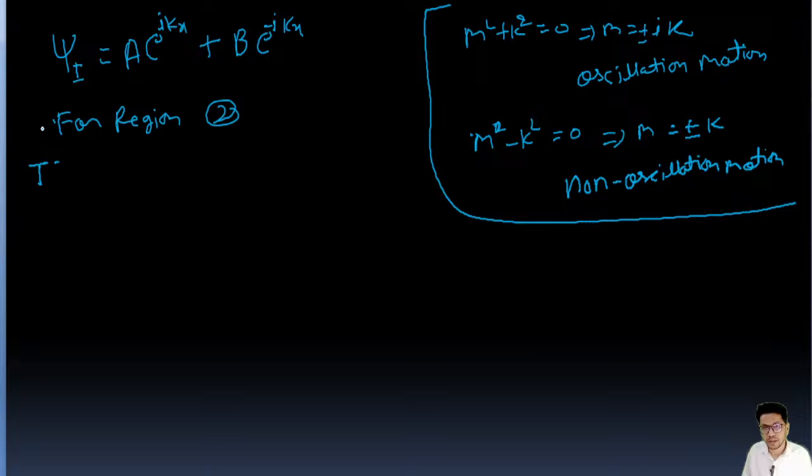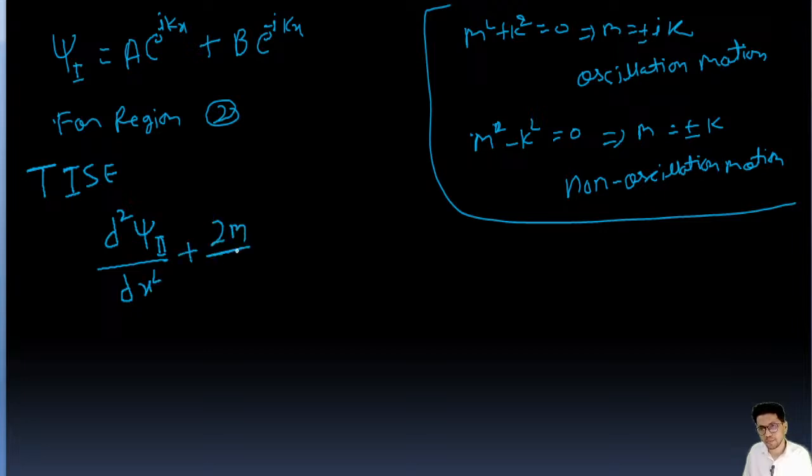So for region 2, the time independent Schrodinger equation is going to be d squared psi 2 upon dx square plus 2m upon h cut square (E minus V) psi 2 equal to 0, right?